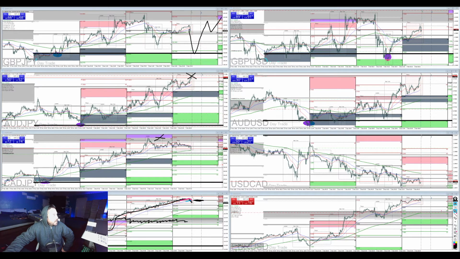Because remember how this chart is smushed down now. All the data has just been driven down. Let's take a look at this on the hourly candle chart or swing trading chart.